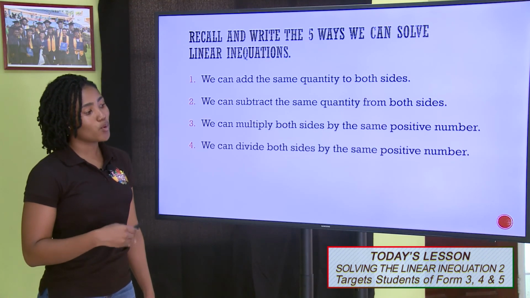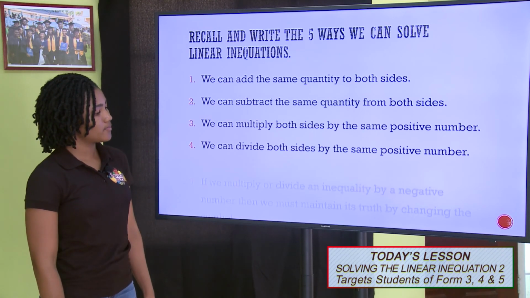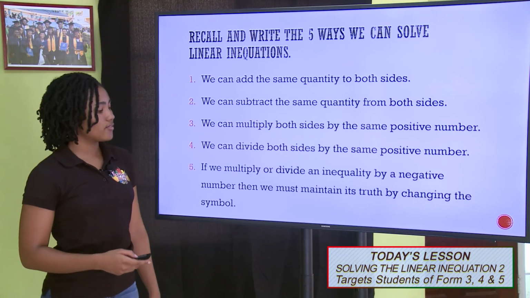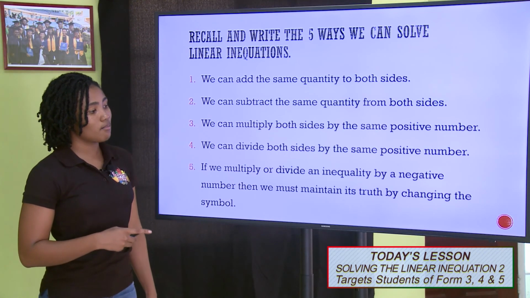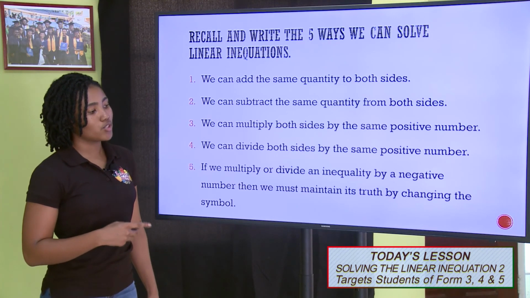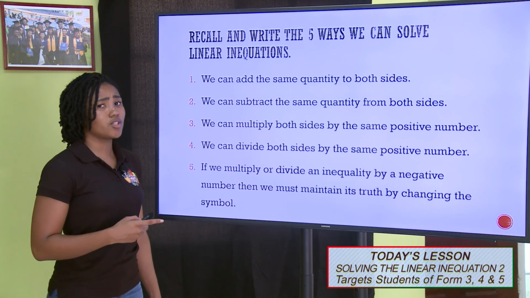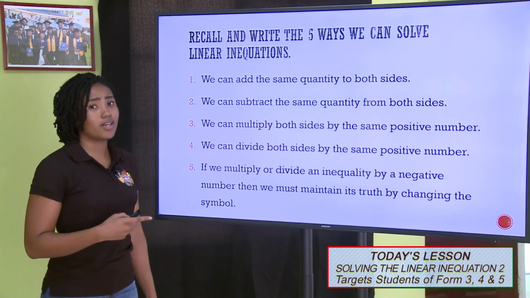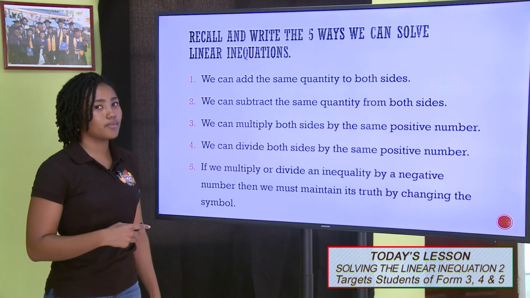We can divide both sides by the same positive number. And 5. If we multiply or divide an inequality by a negative number, then we must maintain its truth by changing the symbol. Now, when we say change, we don't mean change it to an equal sign. We simply mean just flip the symbol.